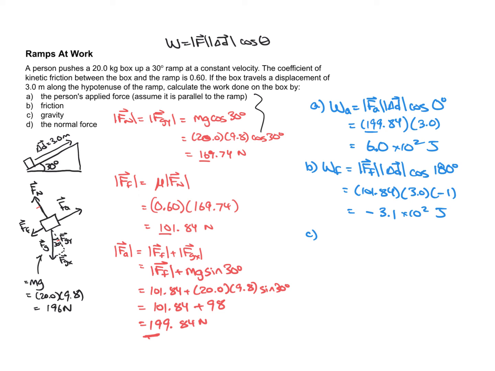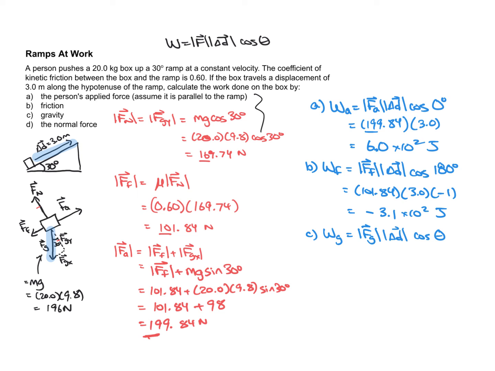Okay, C, gravity. Work done by gravity will be the force of gravity times the displacement times cosine of theta, which is trickier for this one. I'm going to highlight in blue here to match my blue writing. The force of gravity is actually straight down. The displacement is upwards at 30 degrees.